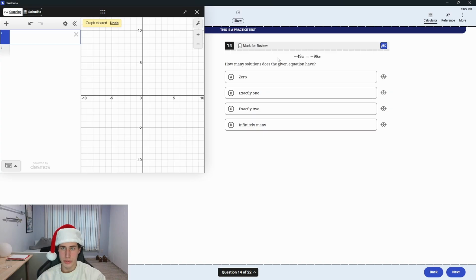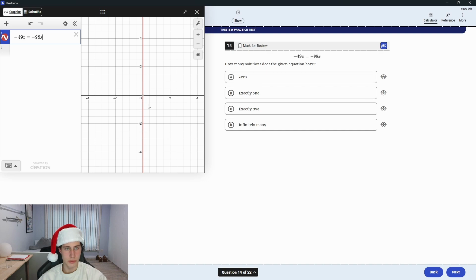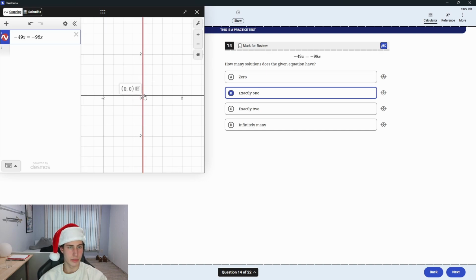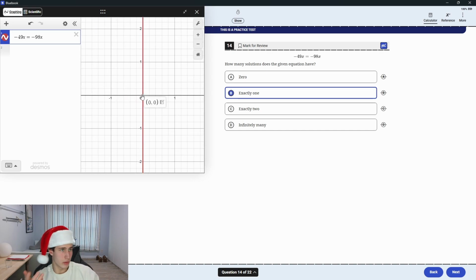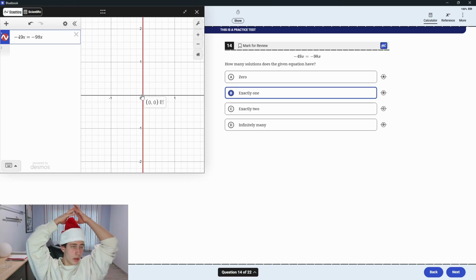How many solutions does this given equation have? So let's plug this in. Equals negative 98x. So in this case, the solution is exactly 1 at 0, 0. If you look at this intuitively, no other answer other than 0 is going to give you a true statement.